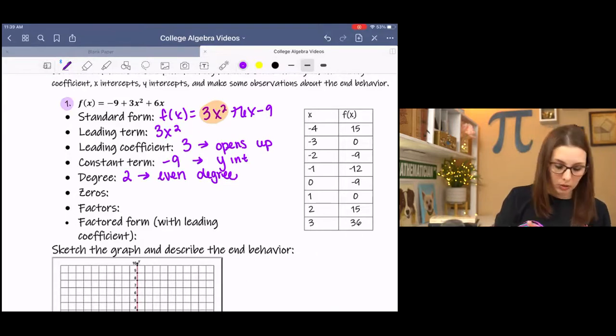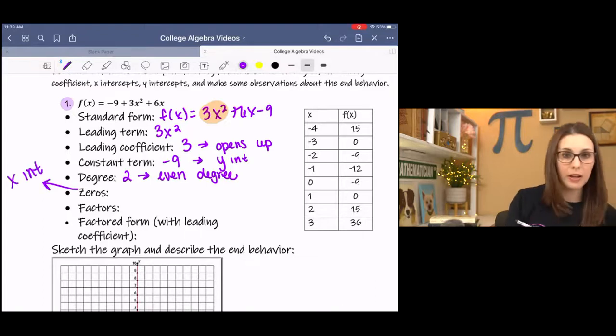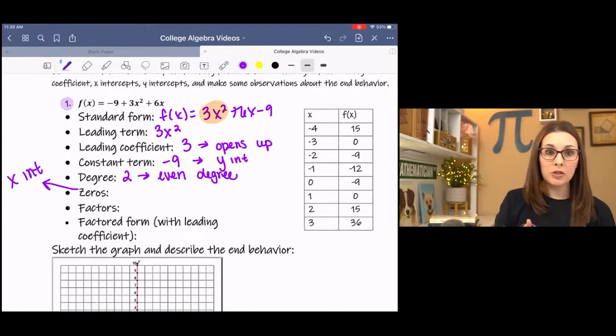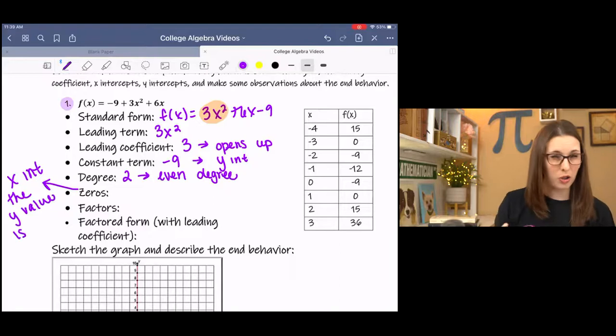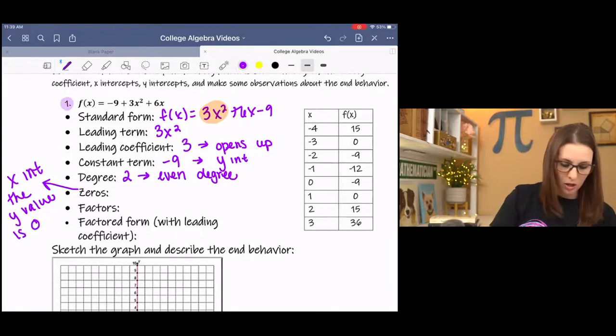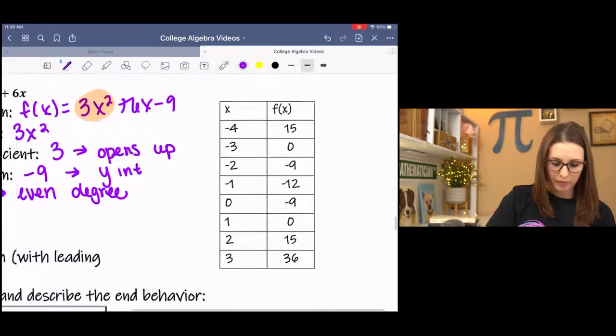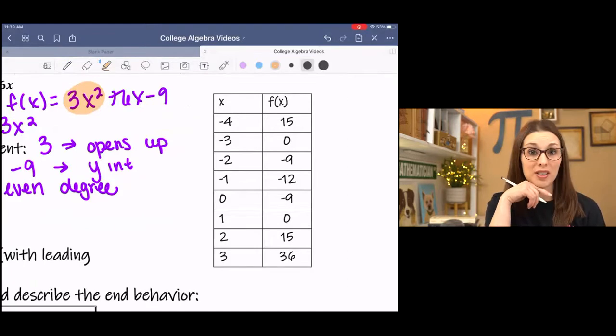We know that zeros are x-intercepts. And for an x-intercept, the y value is what? Do you remember? 0. Let's go to the table and locate the places where the y value is 0.